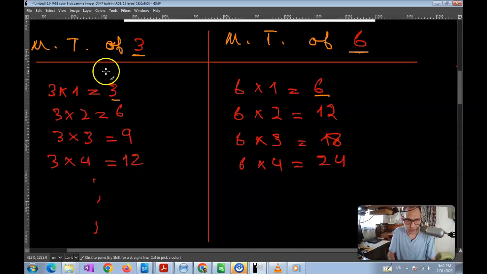So all the sums that you get here, if you multiply them by 2, you will get the respective sums over here. So 3 times 2 is equal to 6, 6 times 2 is equal to 12, 9 times 2 is equal to 18, 12 times 2 is equal to 24, and so on and so forth, right?